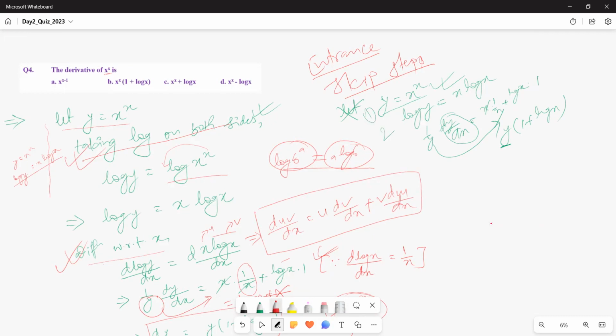Let me count how many steps we need. First step was this, second step was this, third step was this. So in 3 steps we are done, right? Even if we have to solve it, we are done in 3 steps. So this is the catch in the entrance exam.